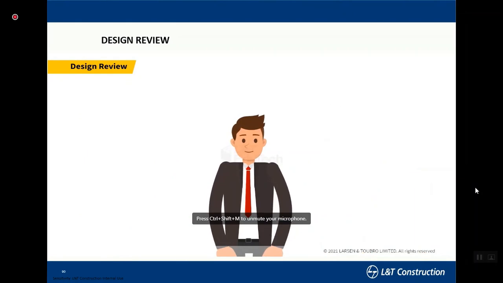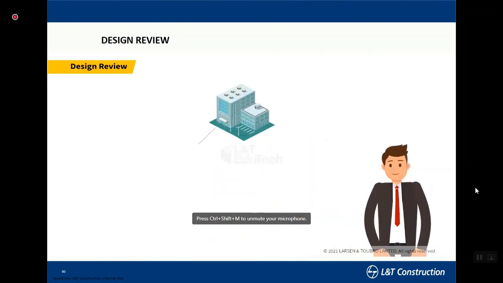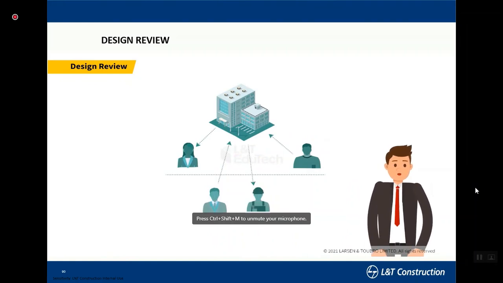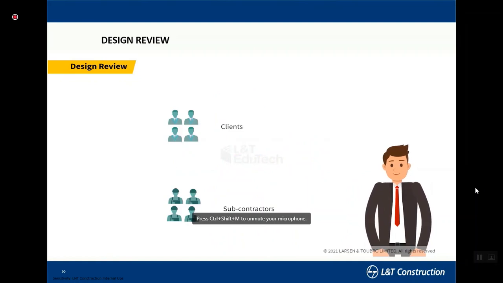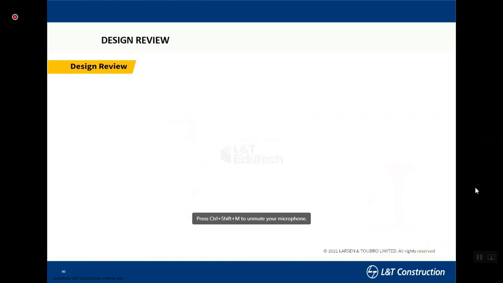The best part is I can get everyone involved with adoption of design review in common data environment, including clients and subcontractors. Even if they don't have the required skill set, as it is very easy to train and adapt. That's pretty cool, isn't it? Let's see how adopting the design over the common data environment can improve your next design review.